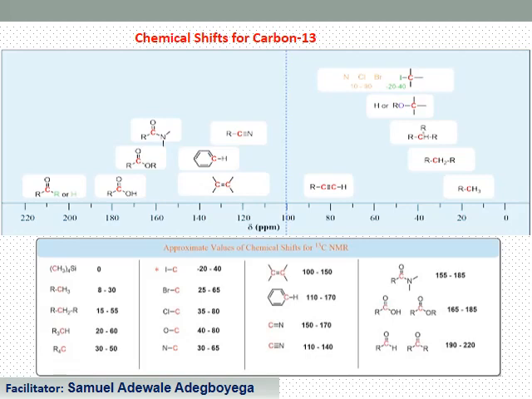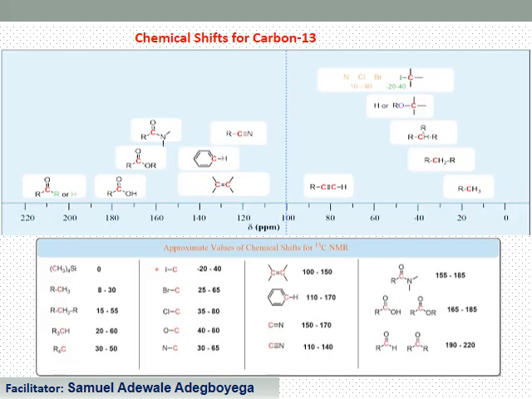The approximate values of this shift are given in the table below. So you may look at the table below and use it to understand the figure where the shifts were presented.